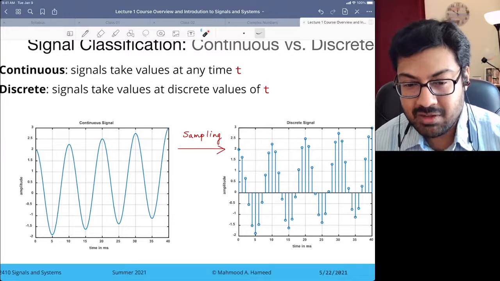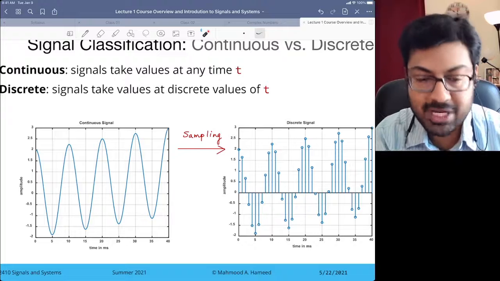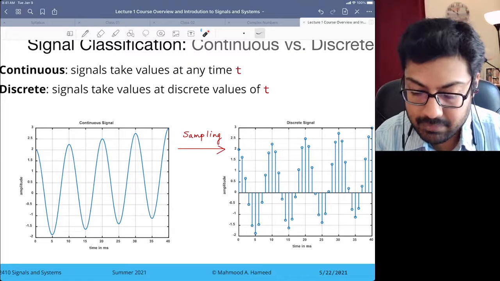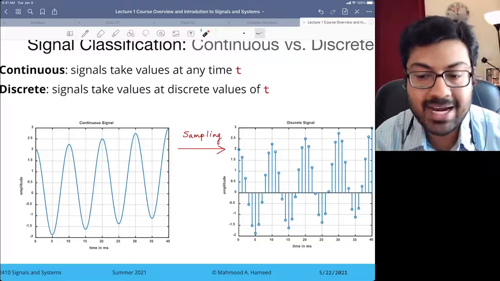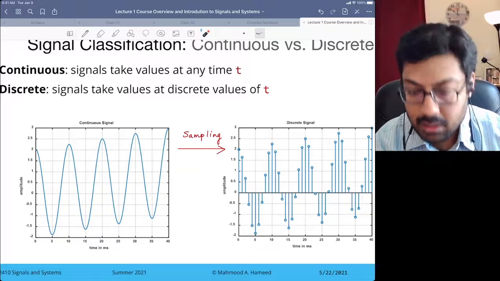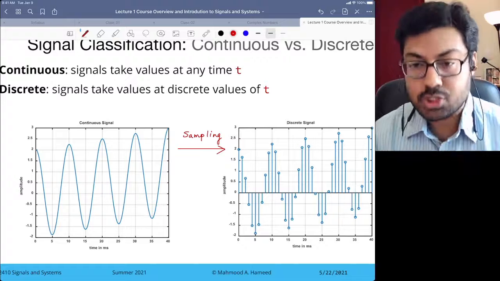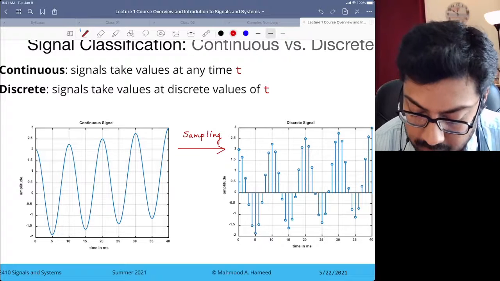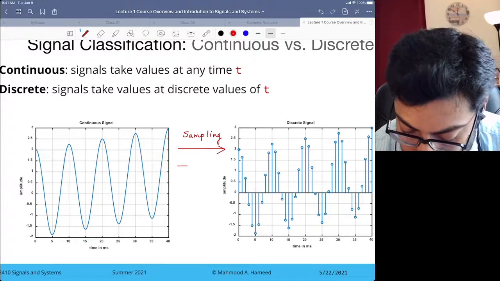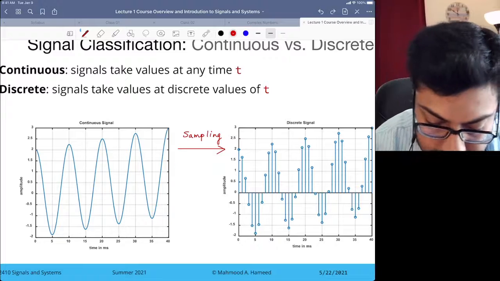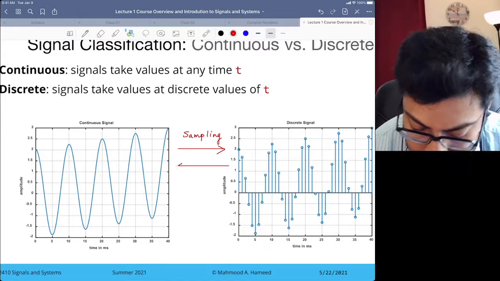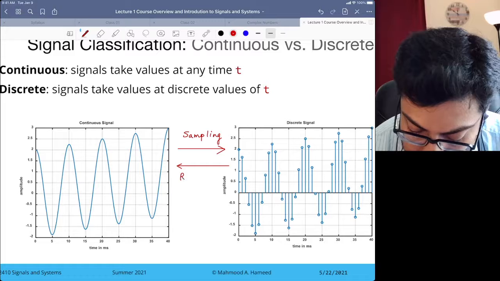So the next question is, did we lose information while we were doing sampling? How can you really find that out? Well, you can find that out by trying to reconstruct the signal from the set of samples. So to go the other way. That's called reconstruction.